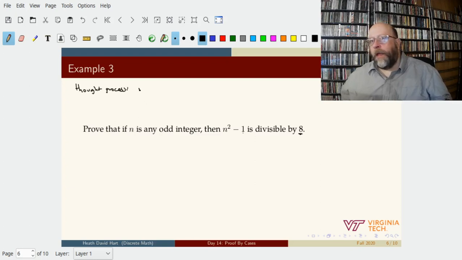If we just launched into this: n is an odd integer. That tells me that n is 2k plus 1 for some integer k.